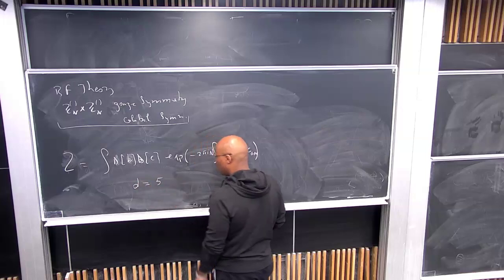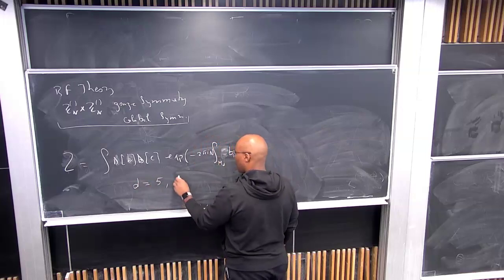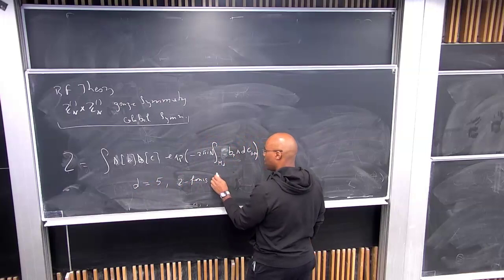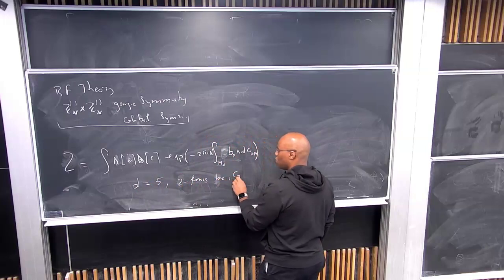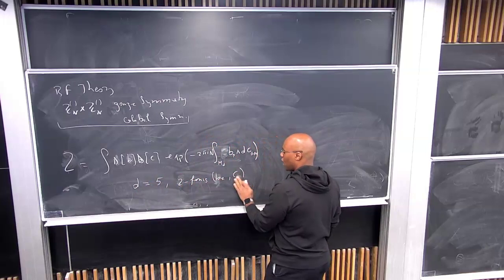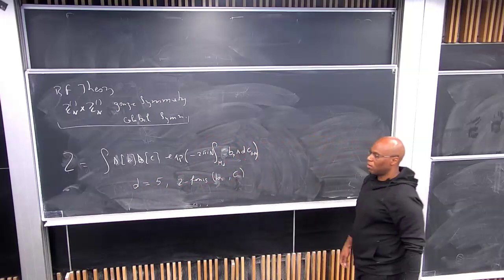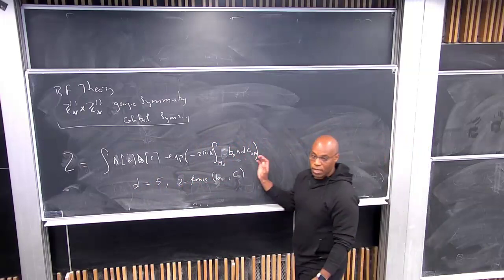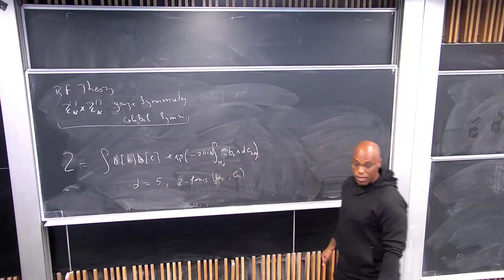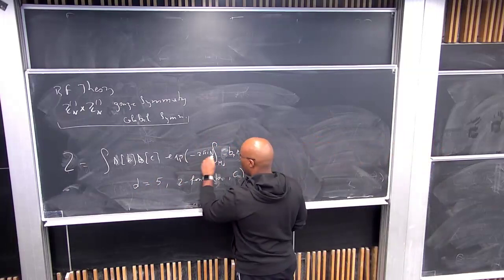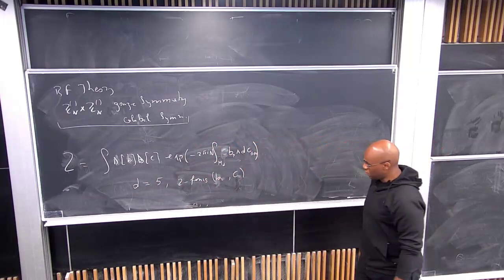We'll fix D equal to 5, where in that case we have two forms, a B, which is a 2-form, and a C, which is also a 2-form. And I will not worry about the label. But everything we will see will generalize in any dimension and for any pair of these two. Okay, so that's one piece of data, and n is always going to be an integer.